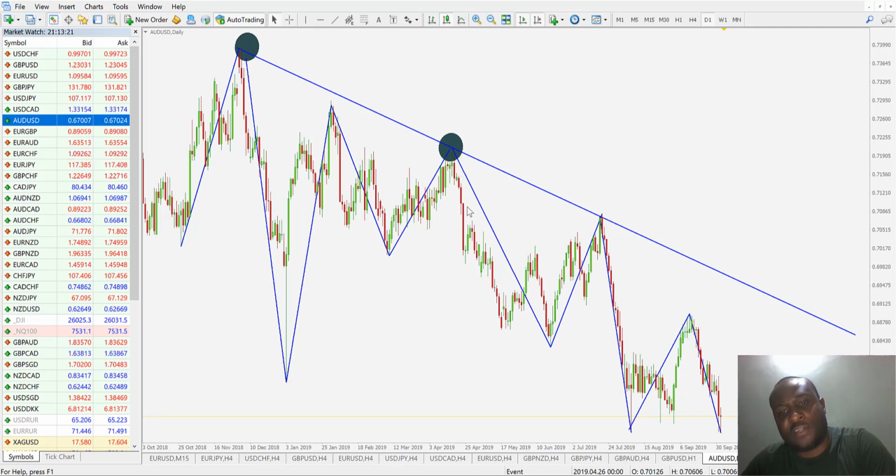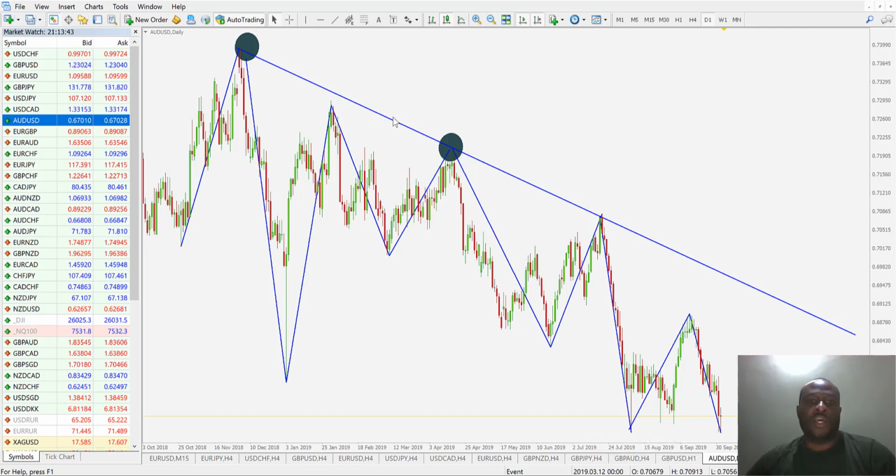Price then went down, came back, and it bounced off. So it touched this area here and bounced off strongly down. So if I had taken a short trade here, I would have just made this money on my way down. Does that make sense? So that's the power of trend lines, and when you see them line up perfectly.